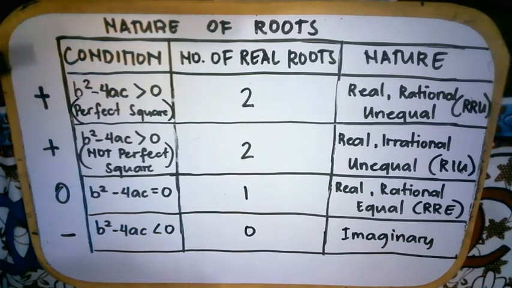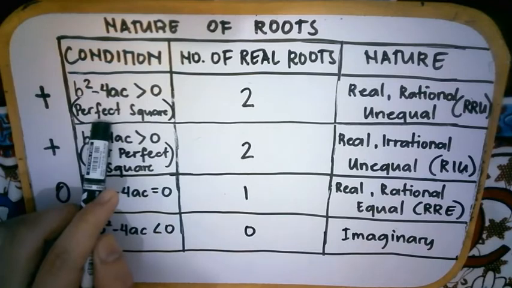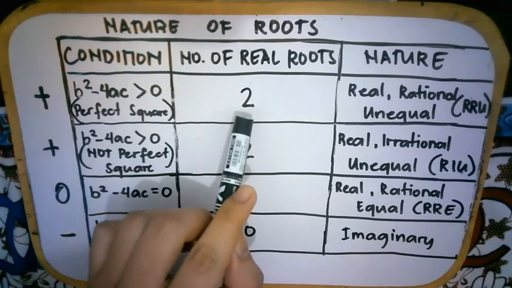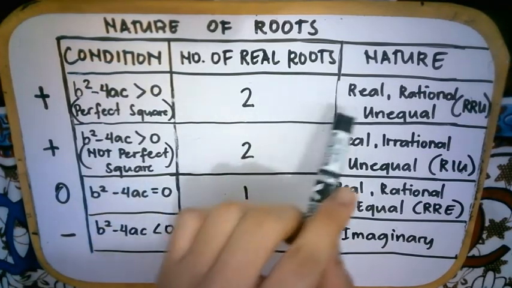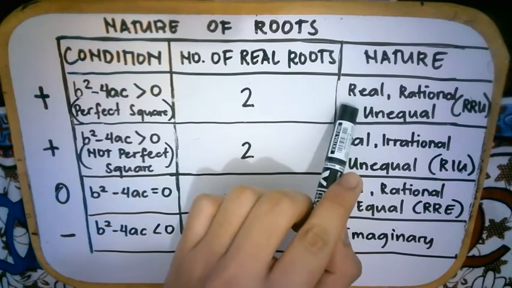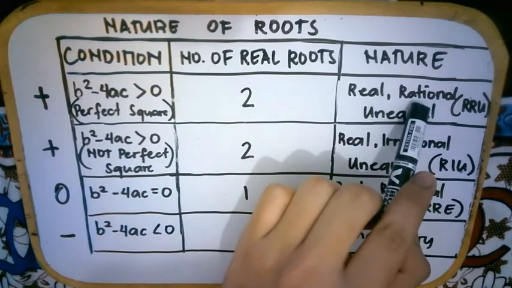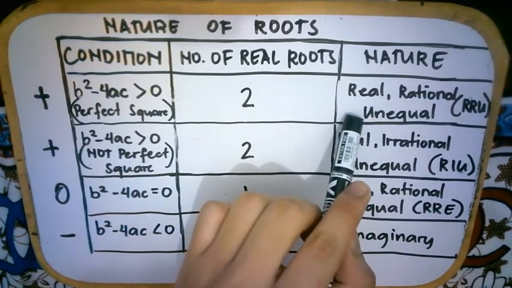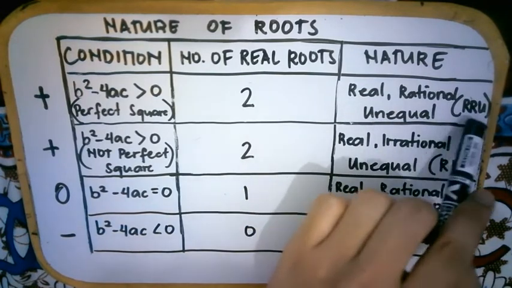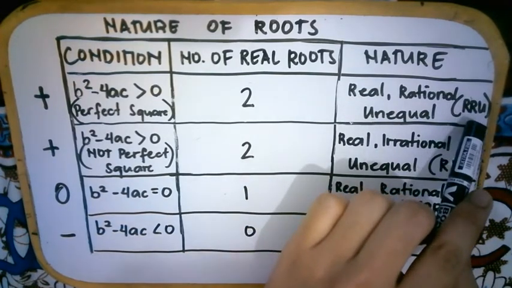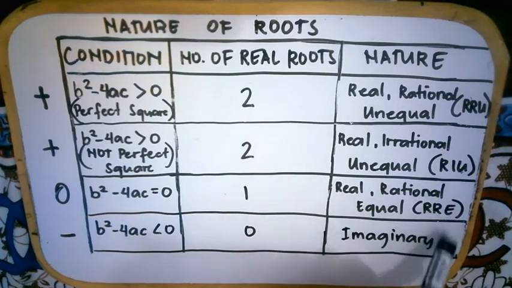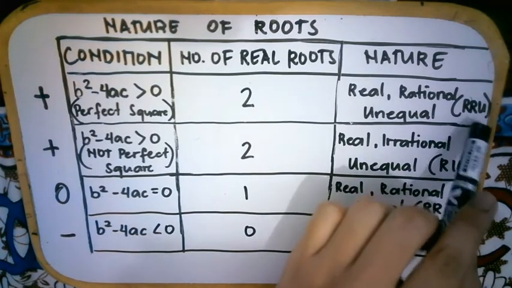So to cut it short, kapag ang value ng discriminant ay positive number and perfect square, so ang number of real roots niya ay 2, and then ang nature niya ay real, rational number, and unequal. Or in short, RRU.